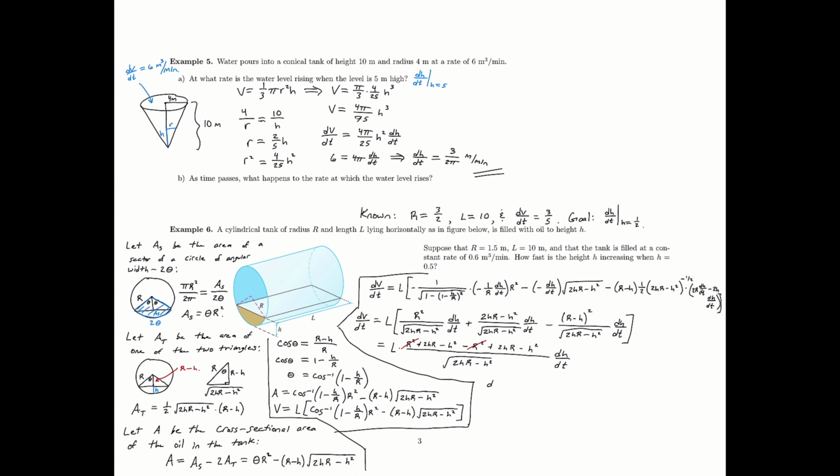So dv dt is equal to 2 times L times 2hr minus h squared all over the square root of 2hr minus h squared dh dt.